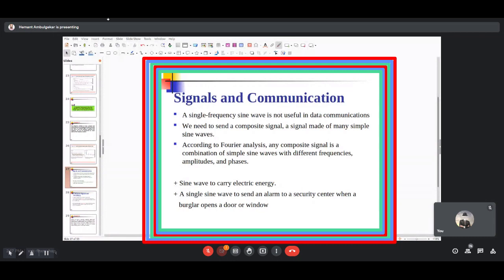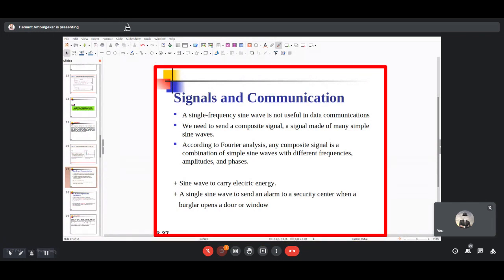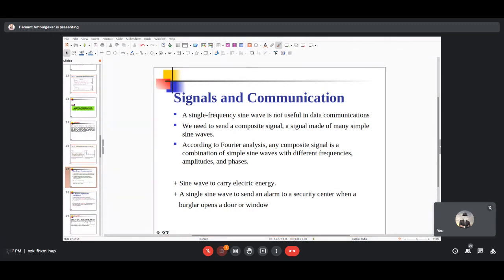Sometimes you produce a sine wave for sending some signals to an alarm or to your AC. That also comprises a single sine wave. But a single sine wave is not useful in data communication.